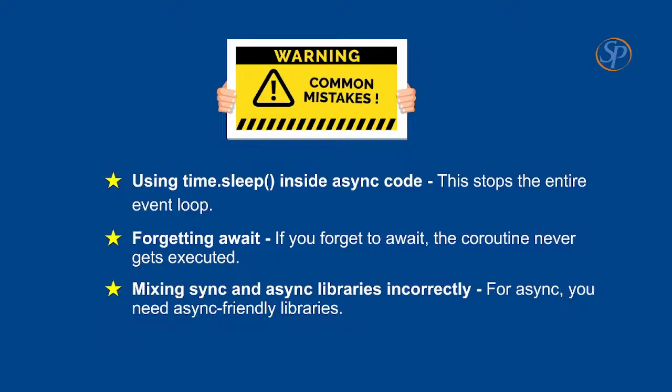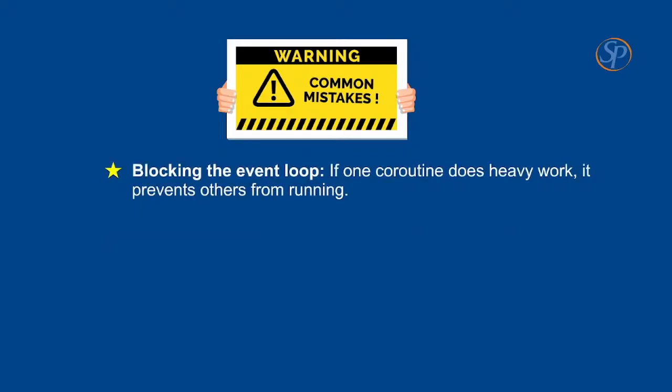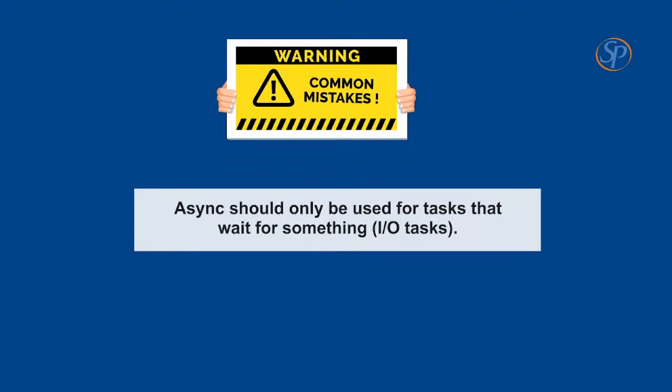For example, using a normal request library inside async code blocks everything. For async, you need async-friendly libraries. Blocking the event loop: if one coroutine does heavy work, it prevents others from running. Async should only be used for tasks that wait for something, like input-output tasks.